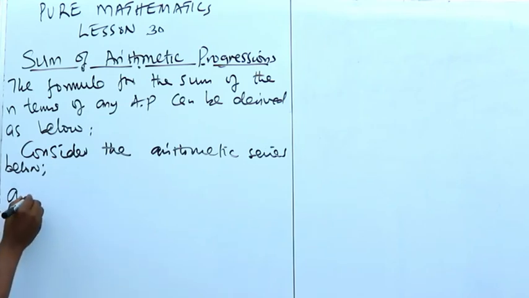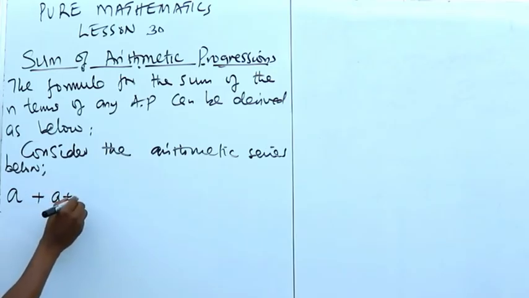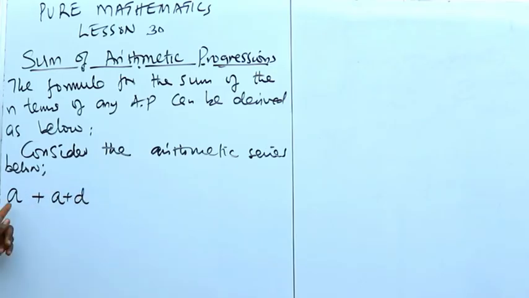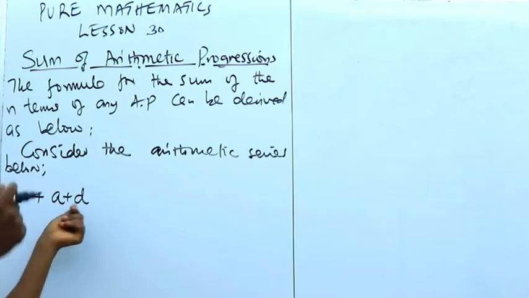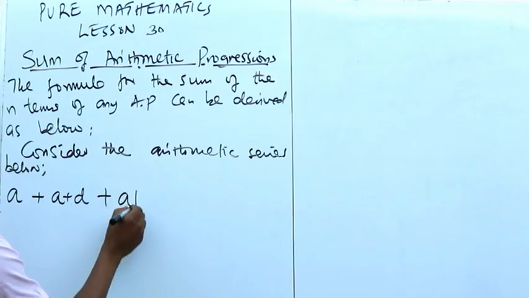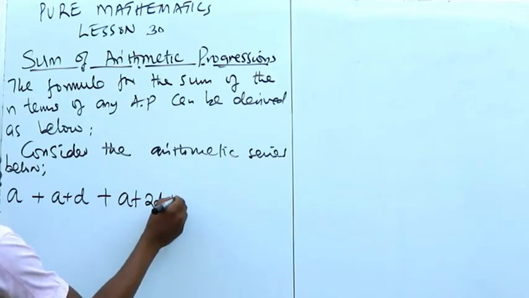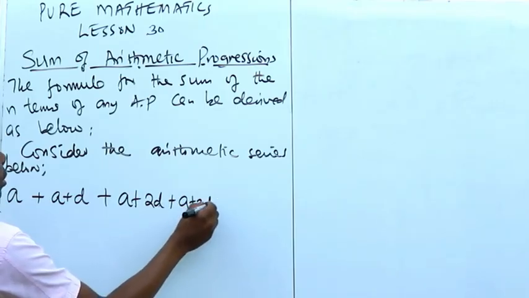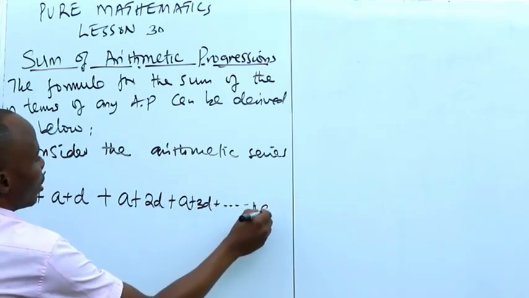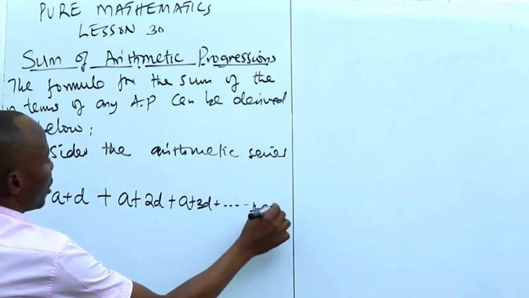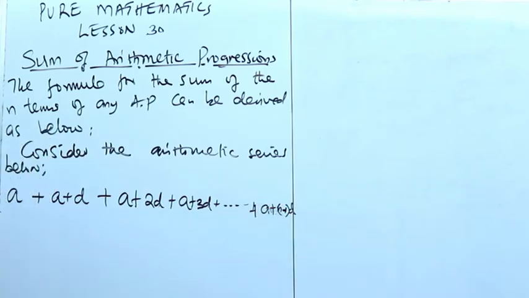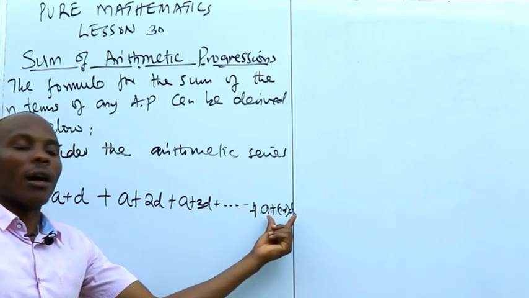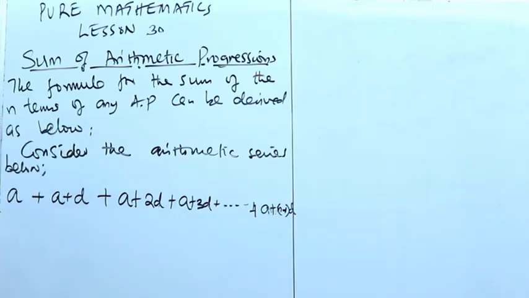We have A plus D. If this is the first term, to generate the next term after this one, we add on what we call the common difference. So the next one will be A plus 2D, the next one will be A plus 3D, up to A plus (n minus 1) into D. This one is our last term. This is a finite series.